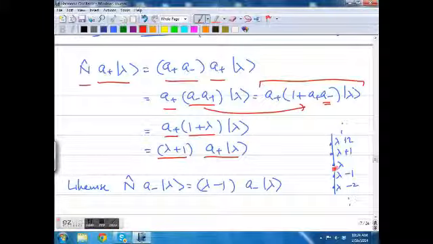I started with an eigenvalue lambda, and I have seen how to construct an eigenvalue lambda plus 1 and the corresponding eigenvector, and likewise the eigenvalue lambda minus 1 and the corresponding eigenvector. And obviously I can repeat this process, go up the ladder or down the ladder, in order to get all different eigenvalues separated from lambda by integer units.